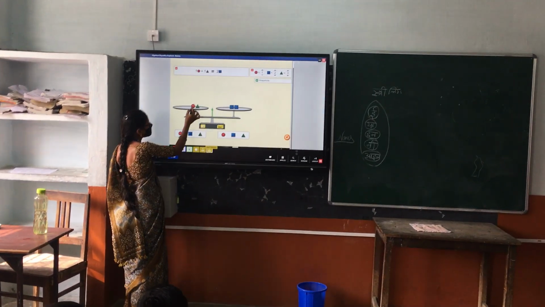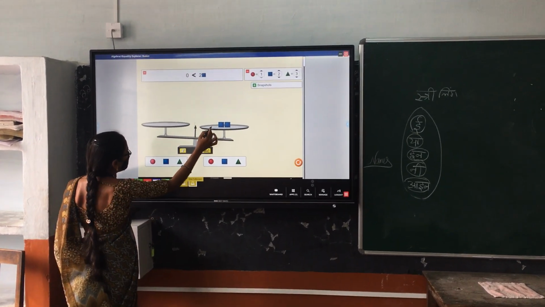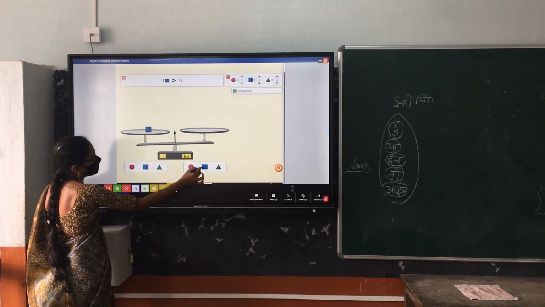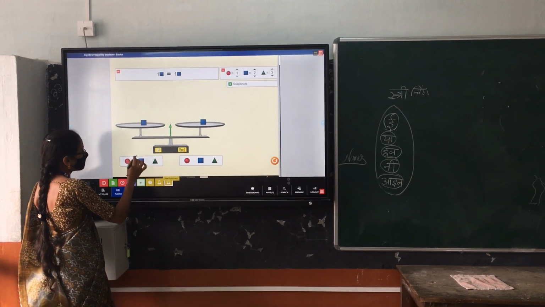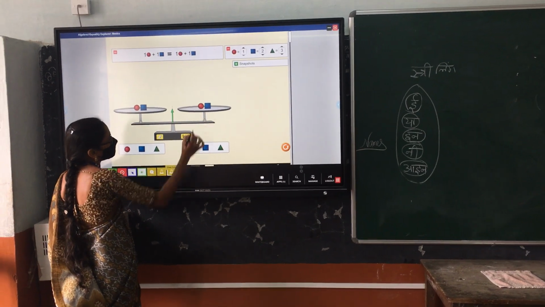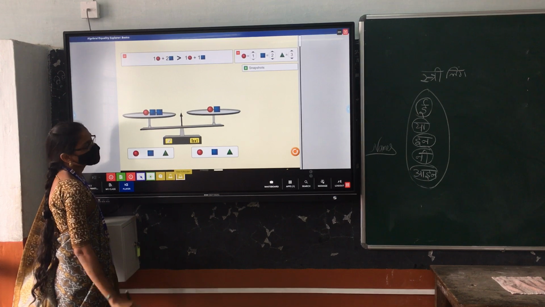Otherwise we can keep it like this also. How? Here one square, here equal. And also if we keep this like this, is it equal now?